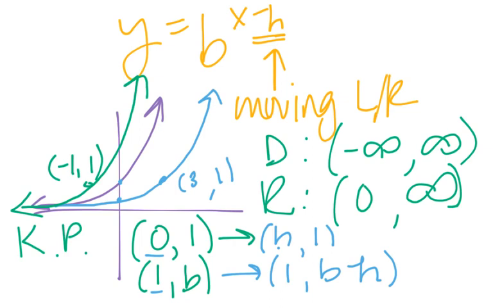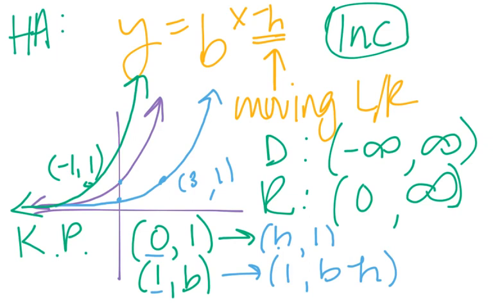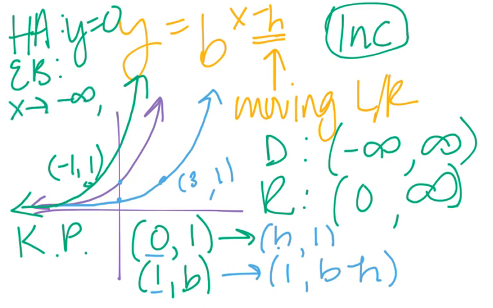All right, increasing, decreasing. These are definitely still increasing. And horizontal asymptote. I'm running out of space. The horizontal asymptote for all of these is y equals 0. The end behavior for all of them is the same. So as x goes to negative infinity, f of x is going to 0.